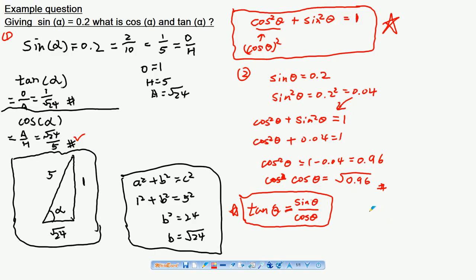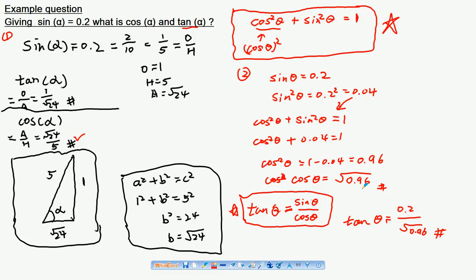Now, if I want to know tan theta from this question, after I have the value of sine theta and cos theta, I just divide them, where sine theta is 0.2 and cos theta is the square root of 0.96.